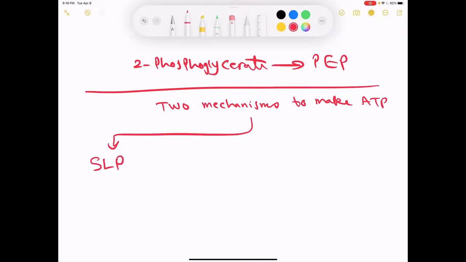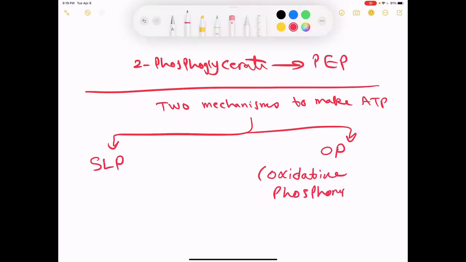The other one is oxidative phosphorylation.